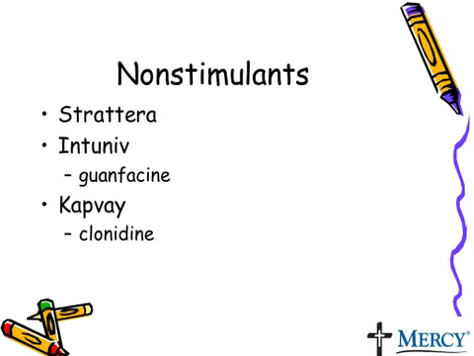The other type of medications are the Intuniv and Kapvay, or long-acting forms of Tenex or clonidine. And these work on the neurotransmitters in a different way. They both started as blood pressure medicines.